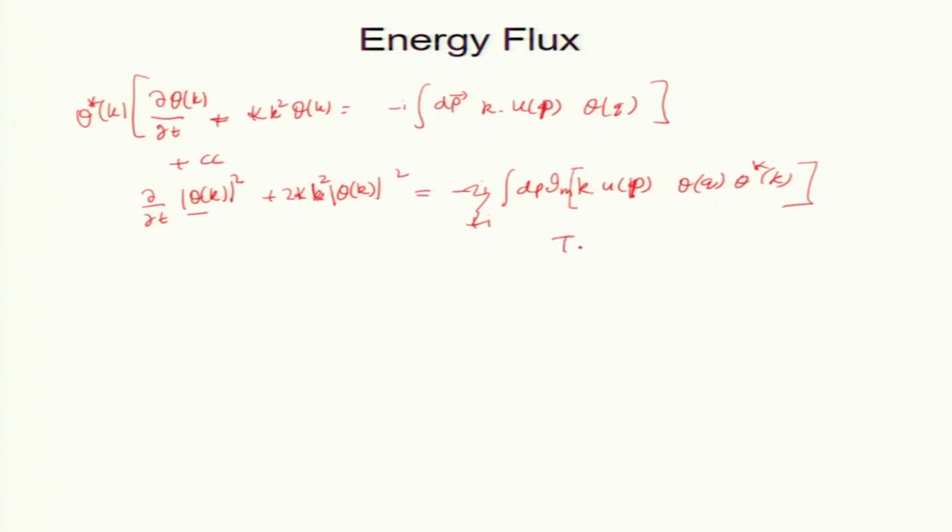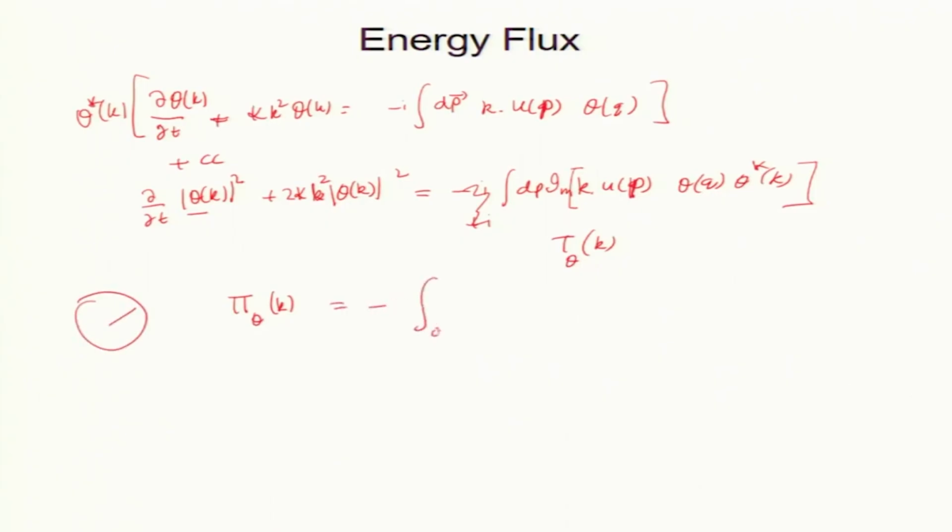This T of k theta is the nonlinear transfer to k at wave number k by theta-theta interactions. So, what should be the flux, the nonlinear flux for a sphere of radius k? I have T of k.